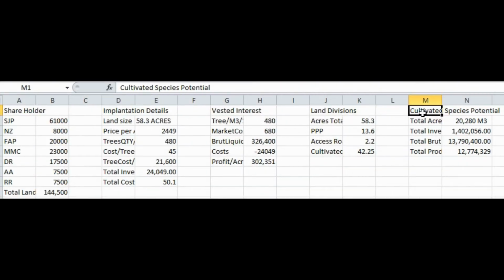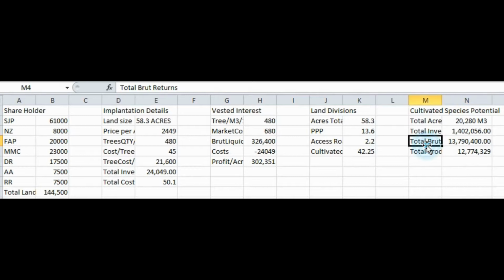So that brings us right down to the cultivated species potential of the entire plantation. The total acreage production potential, if we can raise the total amount for the total project, will be around 20,280 cubed meters of production, and that would require an investment of $1,402,056.